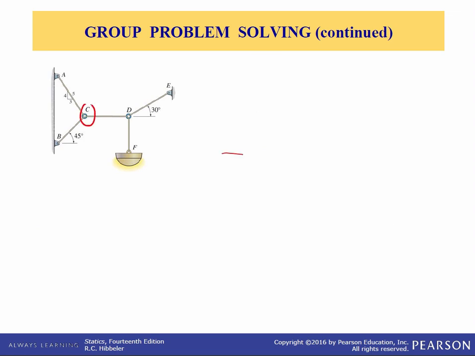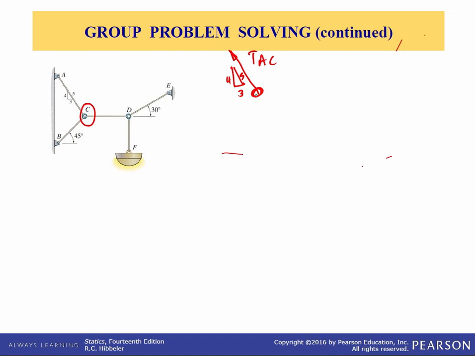So draw a circle around it and draw an outline of its shape. And then we have the tension in AC, and that's on a 3, 4, 5 triangle, right?